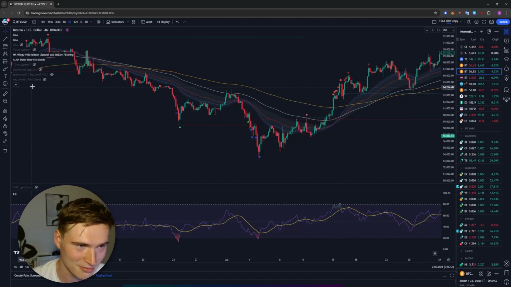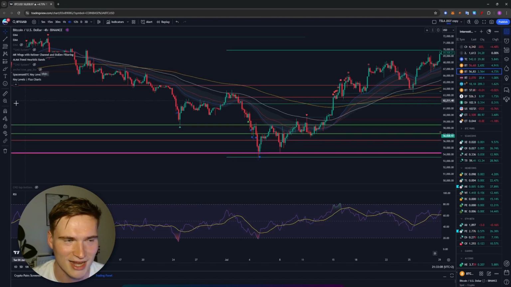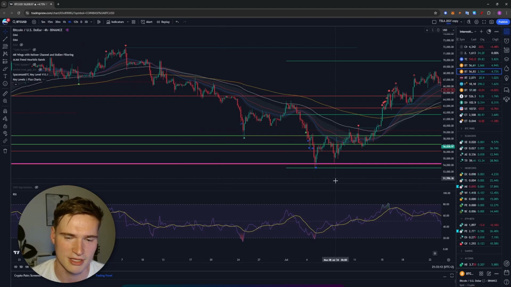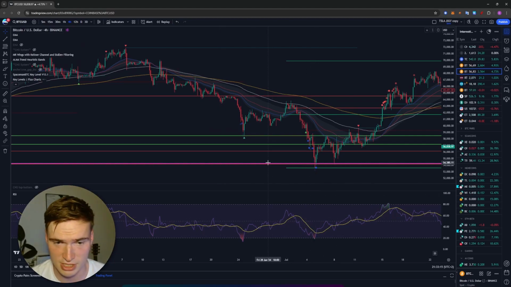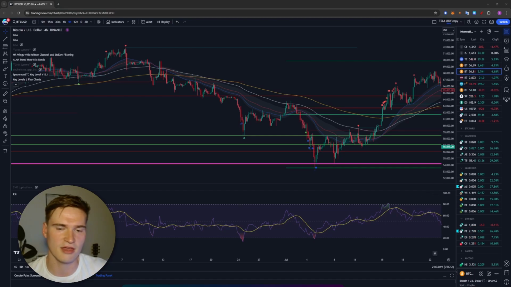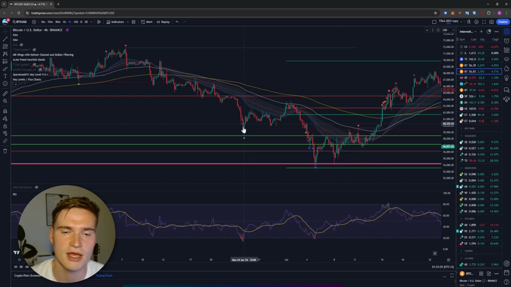So I already have them. For example, Spaceman Bitcoin key levels and key levels by Flux Charts, and you get these automatic key levels. Then again, you just line them up with oversold or overbought areas. And if those actually coincide at one level, then the chance of bouncing from that level is much higher.